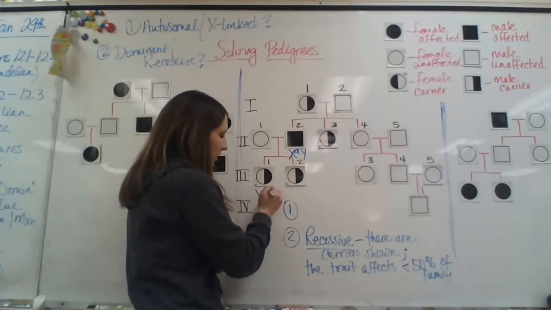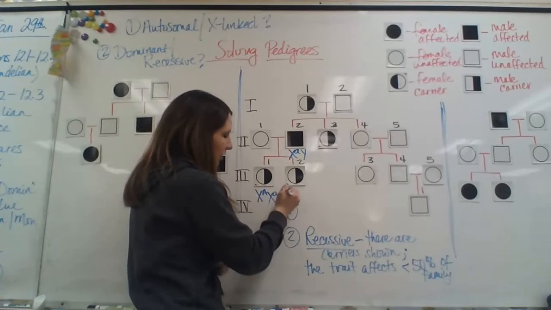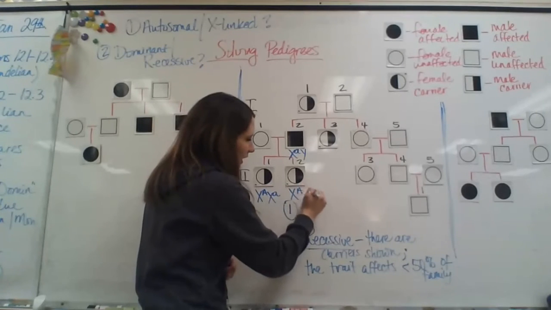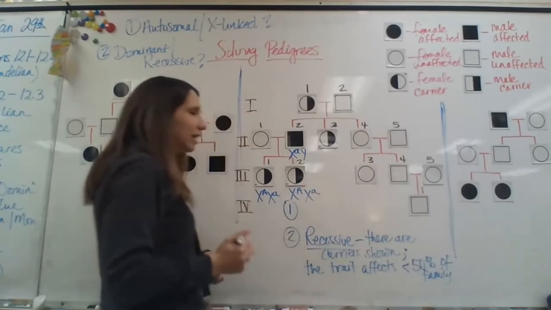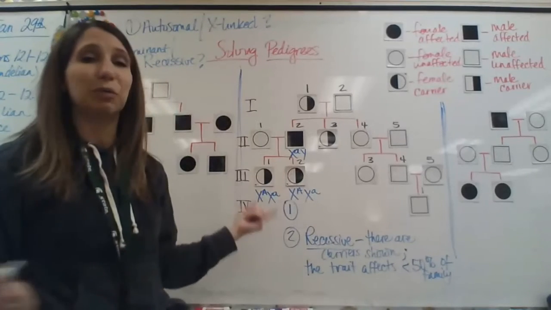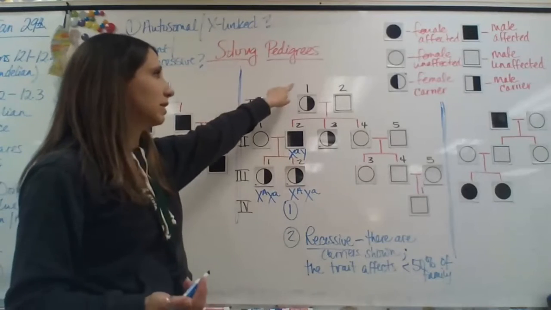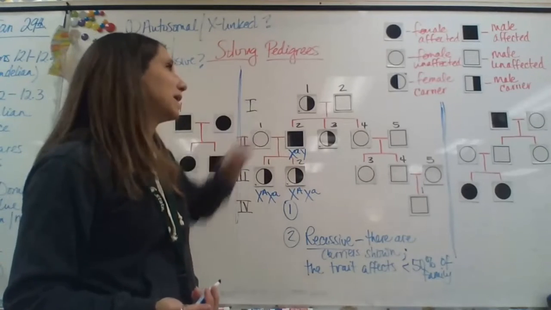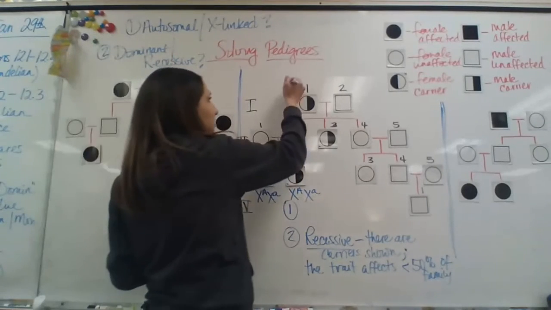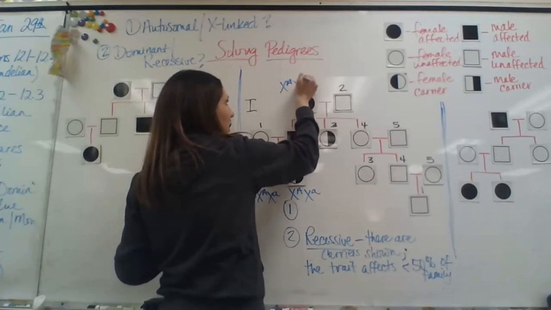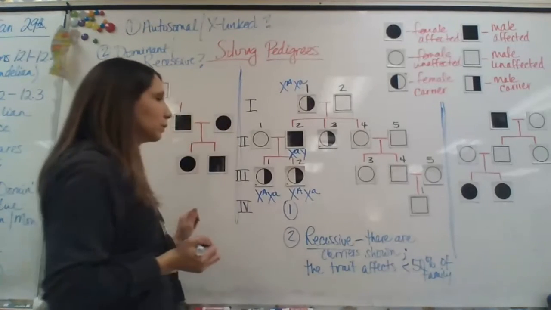And so the females down here, given that they don't have the trait but they're carrying it, would have inherited that X little a straight from dad. That would make sense. Dad here would have gotten it from his mother back here, who could have passed it on to him as she was also a carrier, X big A, X little a.